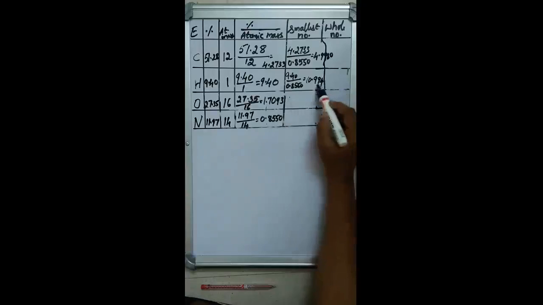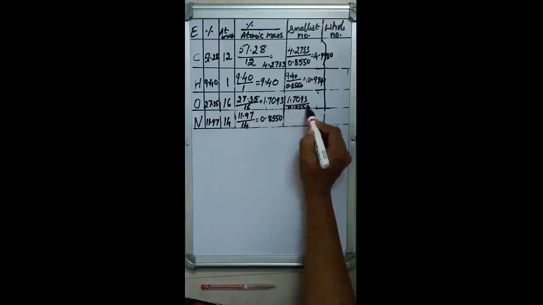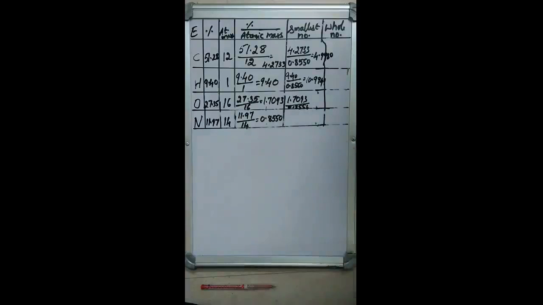Here it is 10.9941. Okay, because after the point, how many digits? 4 digits. So next one is 1.7093 divided by 0.8550. So what is the answer you will get?